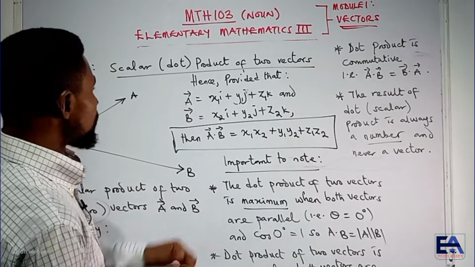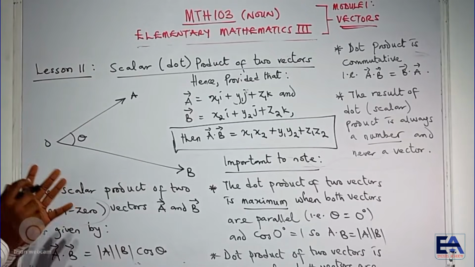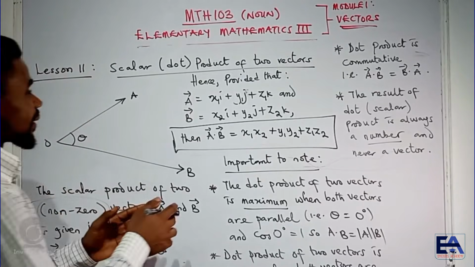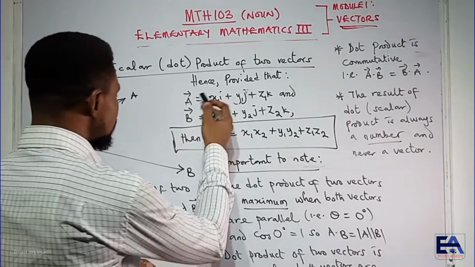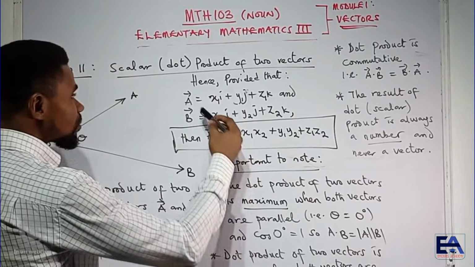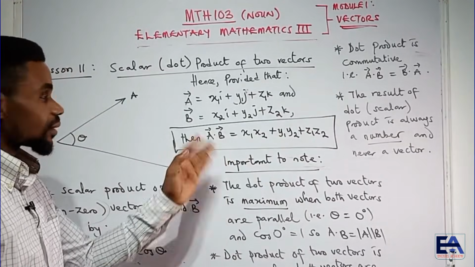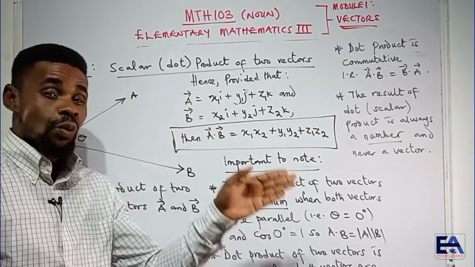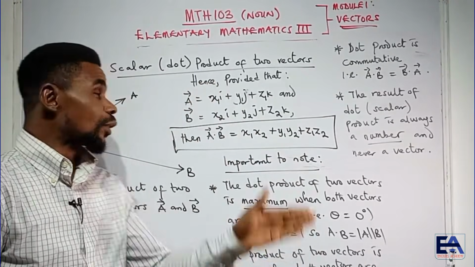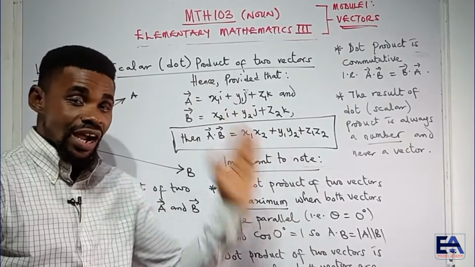All right, so we move into this place. Provided that we have two vectors, A and B, represented in their component form like this, with the X component, the Y component, the Z component, with the i, the j, and the k.